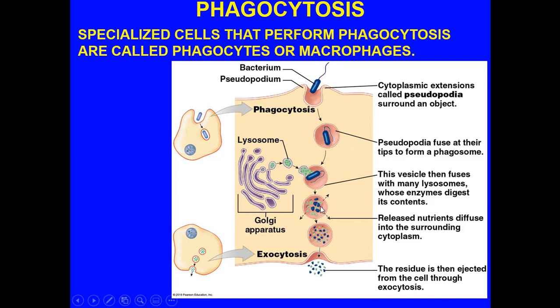The nutrients, such as amino acids, fatty acids, carbohydrates, etc., will be released through the membrane. What is not digested, this vesicle will eventually fuse again with the cell membrane, and you have exocytosis, the release or ejection of this material.